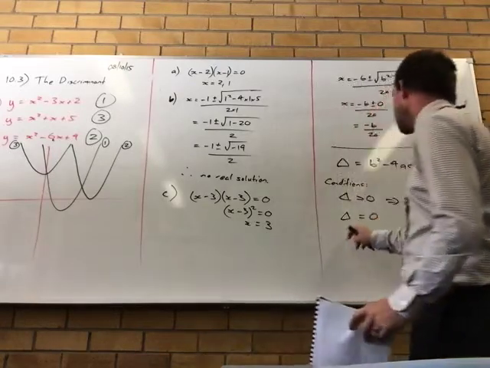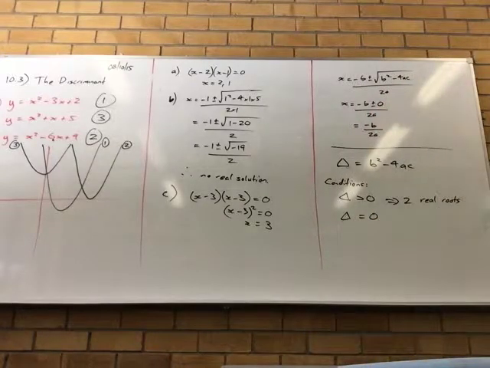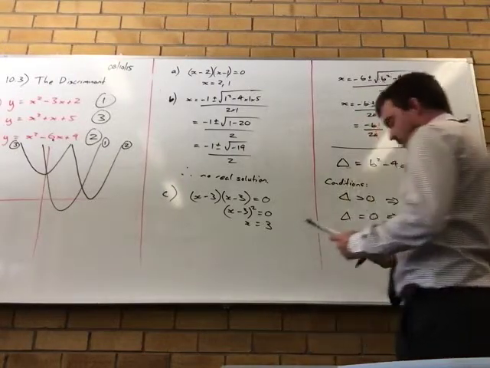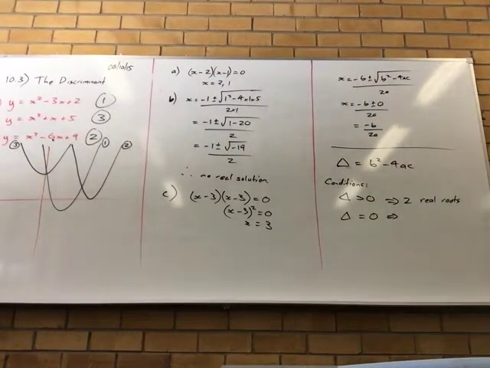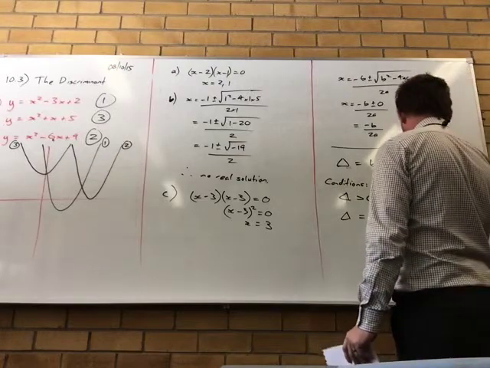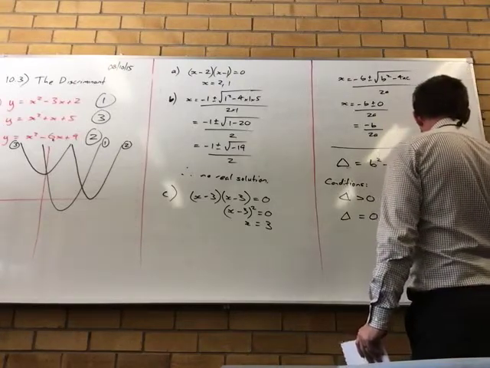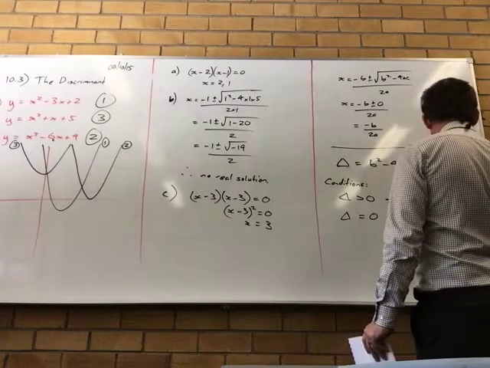If the discriminant is equal to 0, we have one real root, or the other terminology is two equal roots.